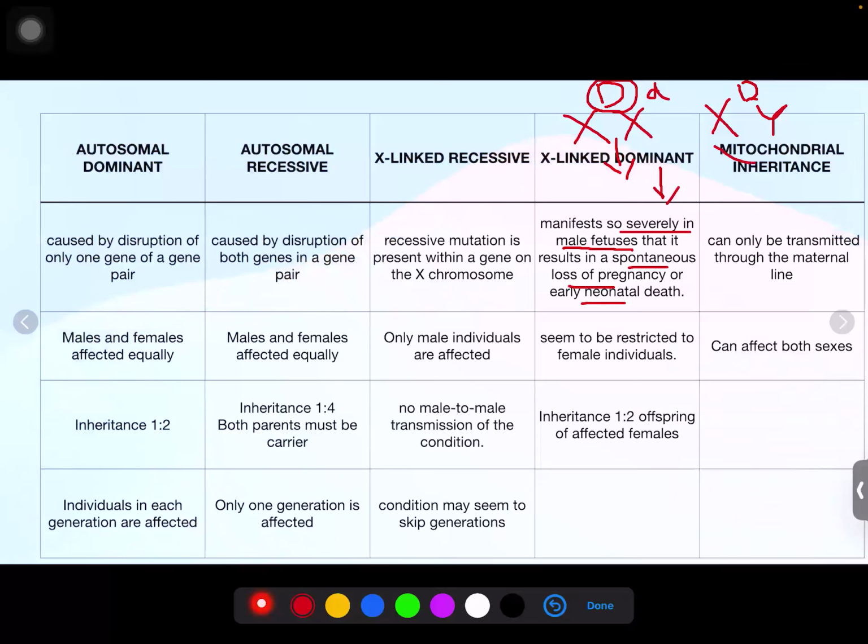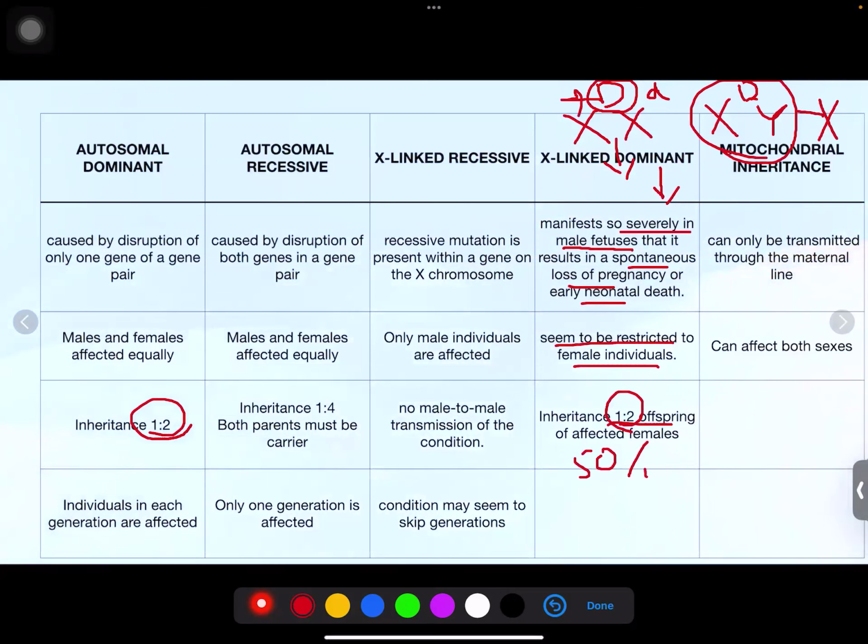So X-linked dominant disease will not be evident in males because they end in spontaneous pregnancy loss. Okay, so it seems to be restricted to female individuals only. And again, the dominant disease pattern is capital D, so all the dominant diseases have an inheritance pattern of 50%, 1:2, but only of affected females.